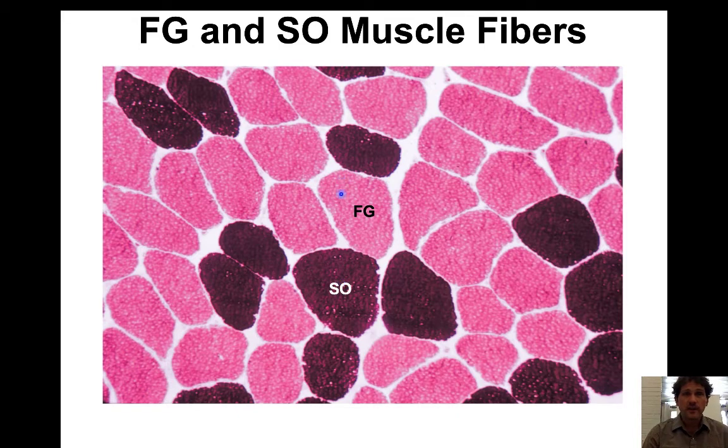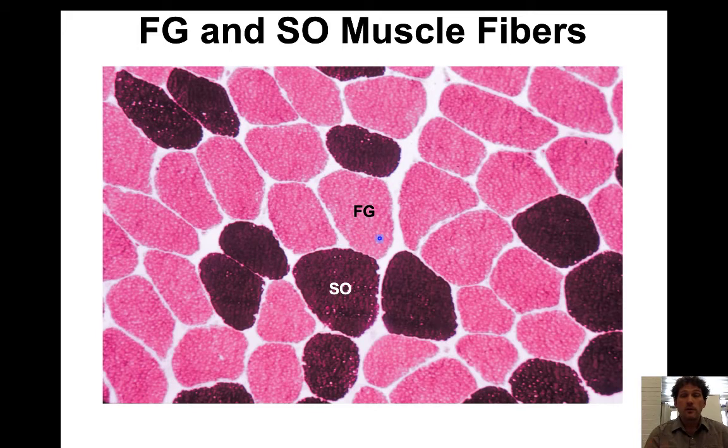Now those fast glycolytic fibers are fast twitch. They are adapted for fast responses, but not so much fatigue resistant like these slow oxidative fibers. They are poor in mitochondria, myoglobin, and capillaries, right? And so that gives them that pale appearance.